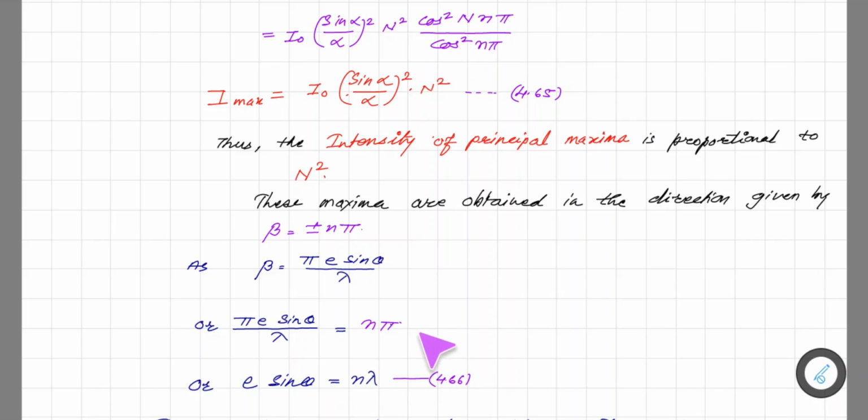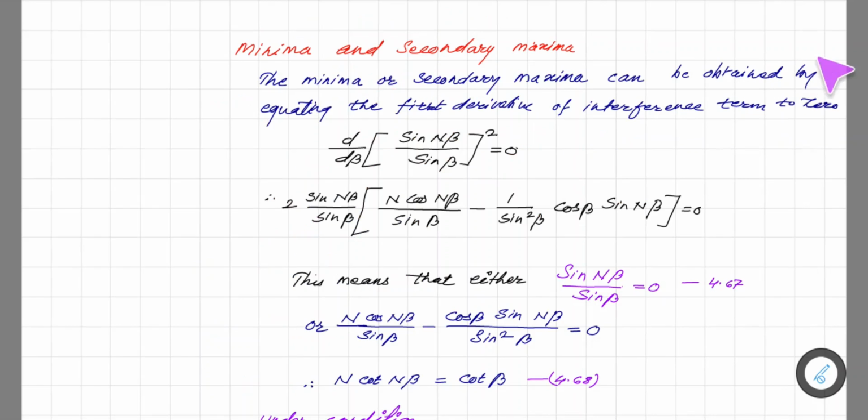And this equation 4.66 is also called the grating equation. Now let us consider the minima and secondary maxima due to the interference term. So we know that the interference term is actually sin n beta upon sin beta.